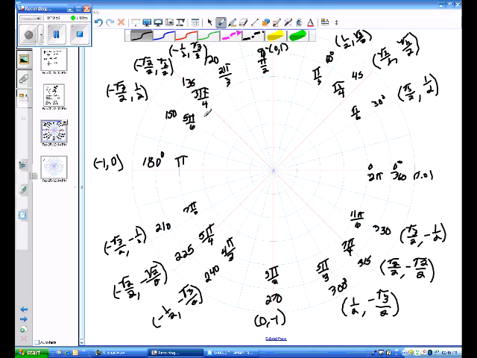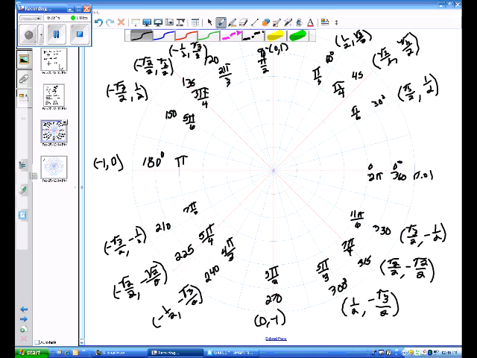The same thing if we went on around here for the sine of 150, we'll do it in degrees, we get a positive 1/2. If we start back the other way and we do negative 150, which would put us here, we get a negative 1/2.